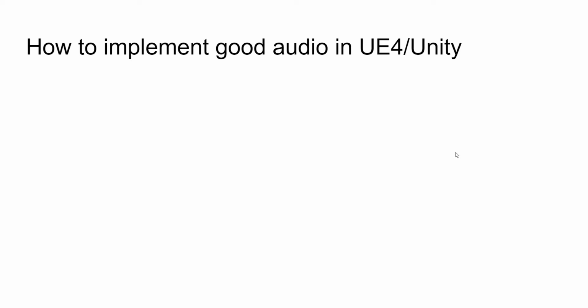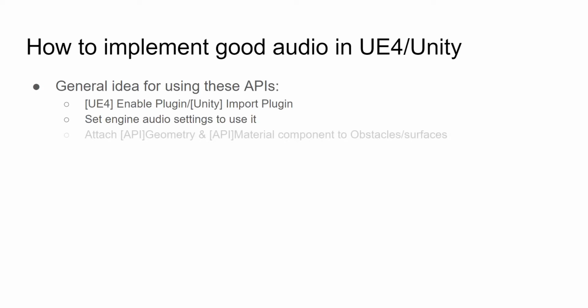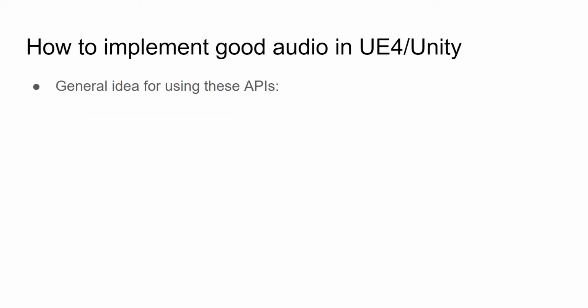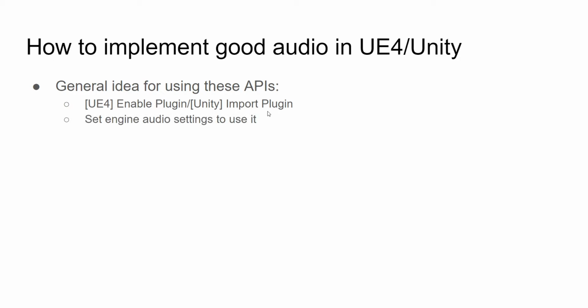Last time we talked about how do you implement the good audio that we saw. I will post this lecture soon, but the general idea is that each of these APIs have a bunch of scripts that you attach to specific objects. So first you just enable the plugin, then you tell the game engine to actually use that plugin, like SteamVR, Oculus.